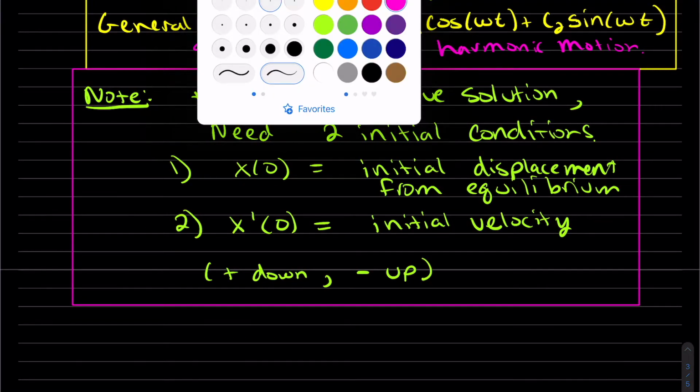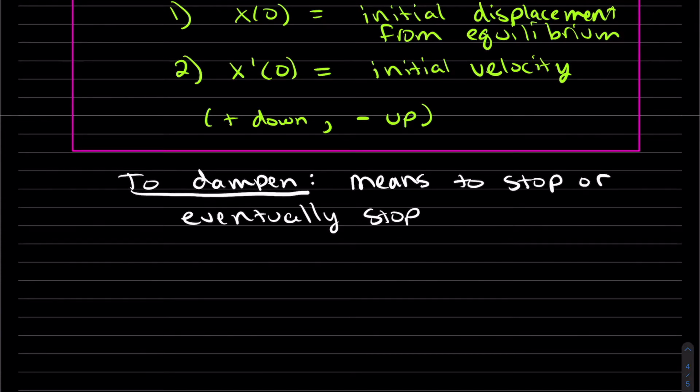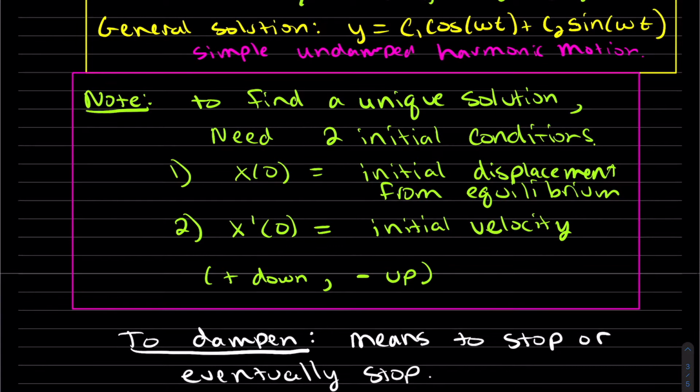And just so we're clear, to dampen, you can think of it like you want to dampen the noise, for example. If you have a cymbal and you crash it, you can dampen it by touching it, because that slows it down or stops it, either one. So to dampen means to stop or eventually stop, to slow it down. And since it's not getting slowed down, it's harmonic.